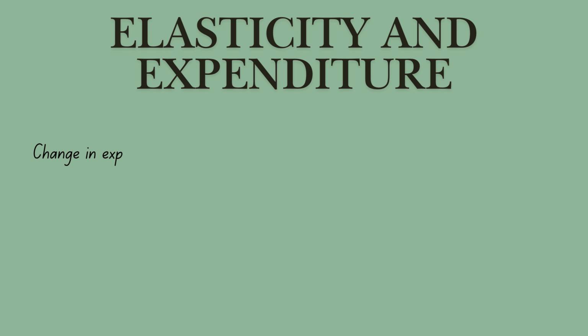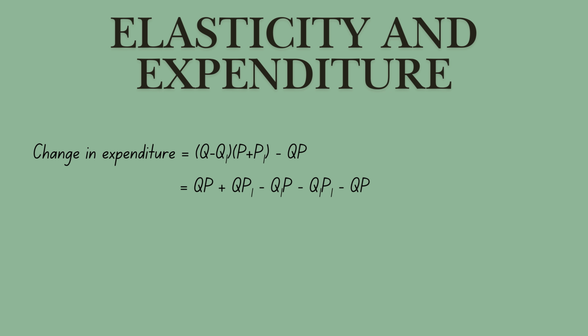Change in expenditure, which is equal to Q minus Q1 into P plus P1 minus QP, is equal to QP plus QP1 minus Q1P minus Q1P1 minus QP, which is equal to QP1 minus Q1P minus Q1P1. For smaller values of Q1 and P1, Q1 into P1 would be negligible.